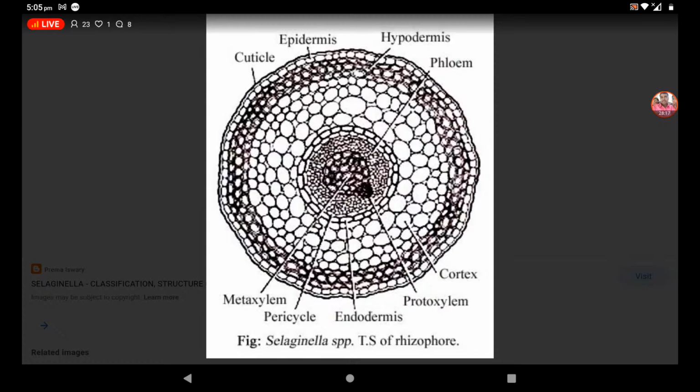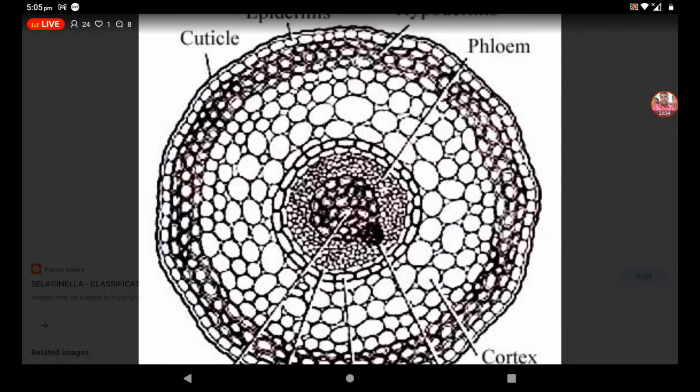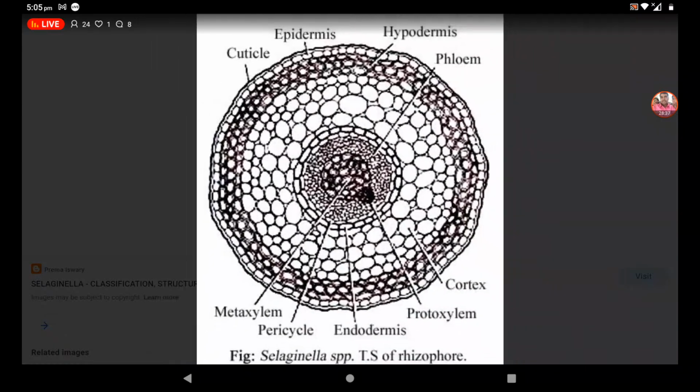So such a type of well developed stele has xylem with tracheids, and even vessels. Sorry, only xylem tracheids can be present. Highly developed vessels and sieve tubes are present only in angiosperms, and they are lacking in the pteridophytes.